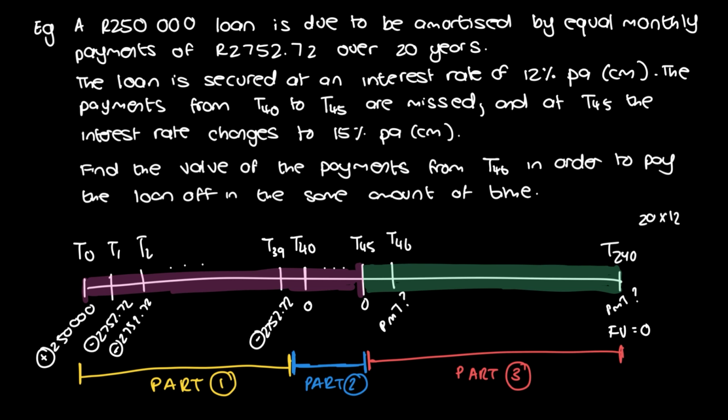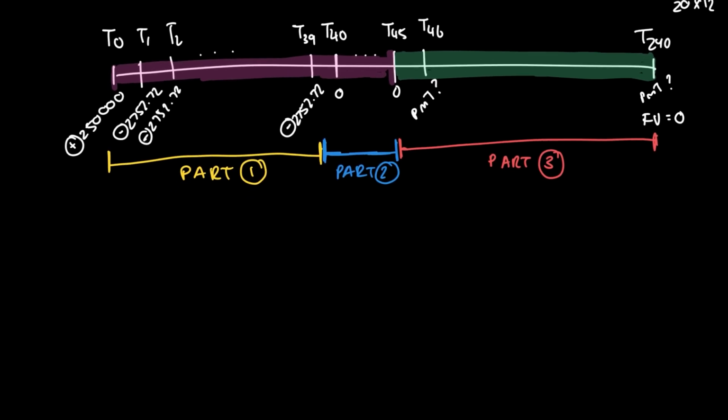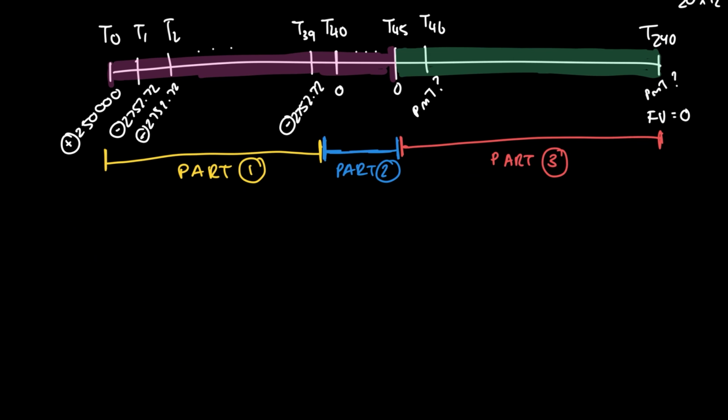Okay, so let's move up our screen a bit so that we can now fill in the information that we have. Firstly, we know that the interest here is 12 and the interest here is 15. And it's per annum compounded monthly.